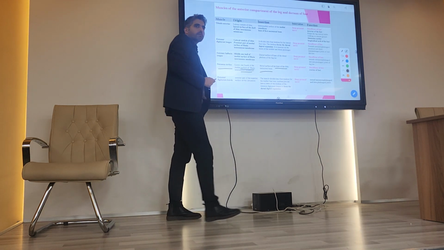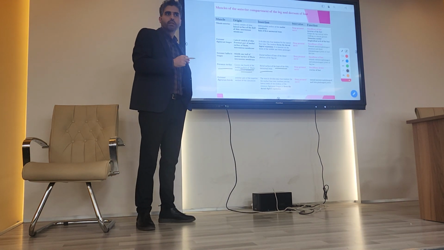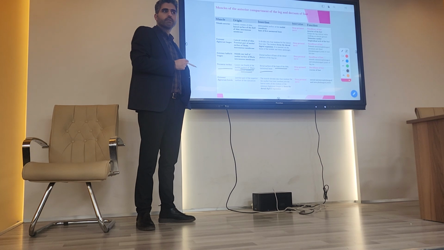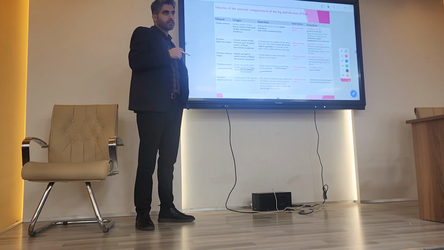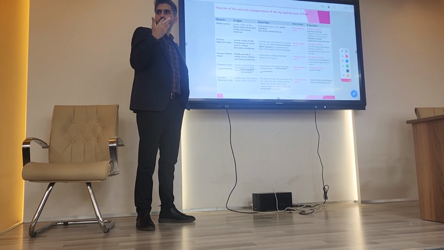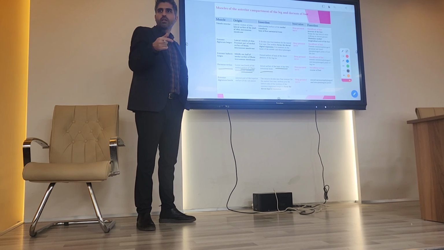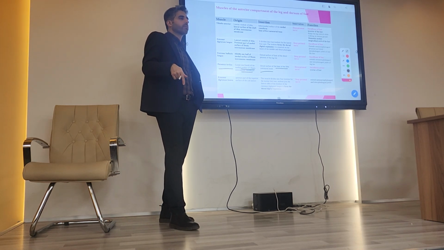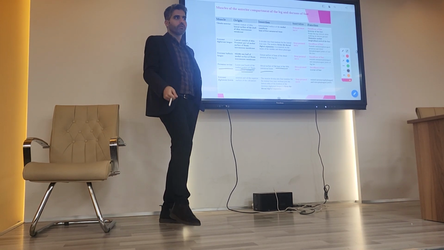For the base of the 5th metatarsal bone we have two muscles, fibularis brevis and fibularis tertius. Both of them attach to the base of the 5th metatarsal, and they can evert the foot.